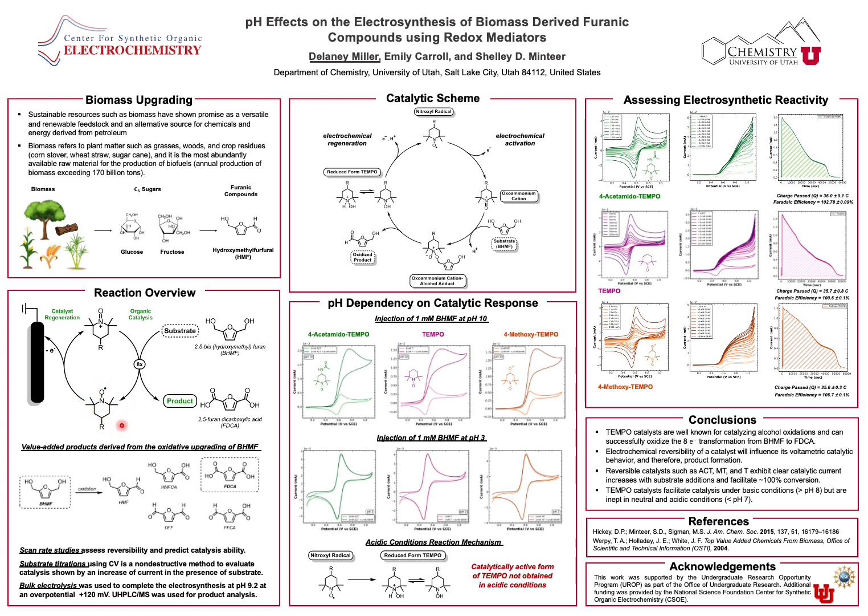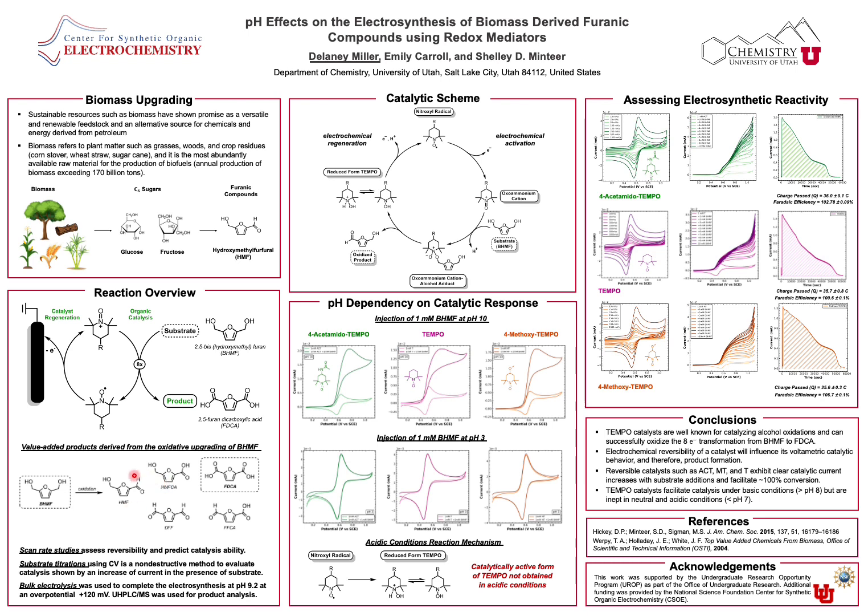For this, it's either going to be 4-acetamido-TEMPO or 4-methoxy-TEMPO. And then through catalyst regeneration, organic catalysis, we can go around and eventually get to our product here, which is FDCA. So here we have some of these intermediate steps for this oxidation.